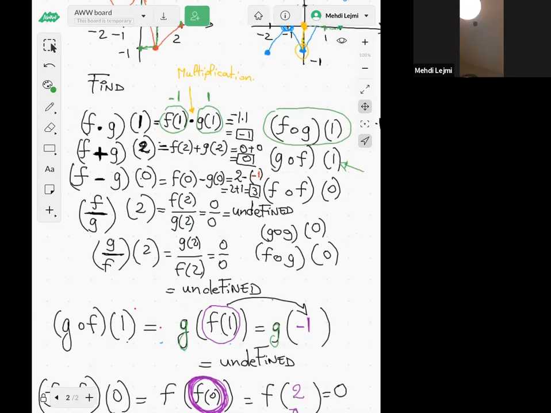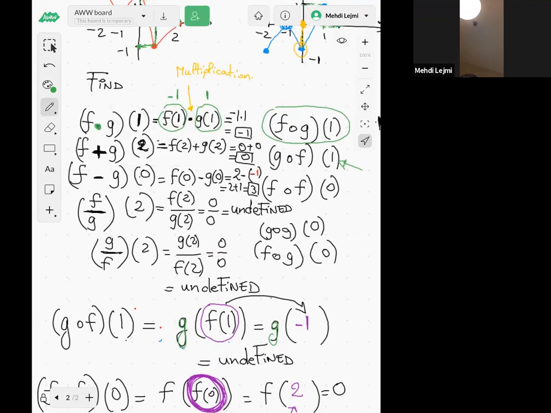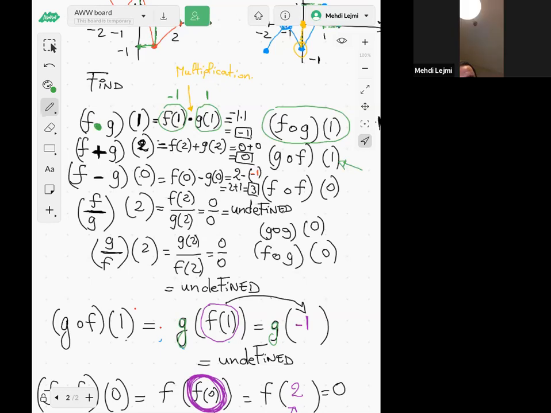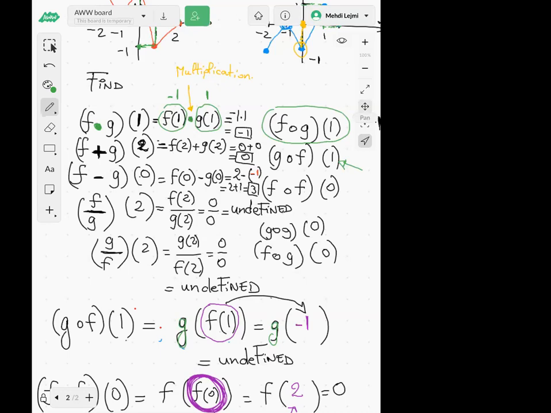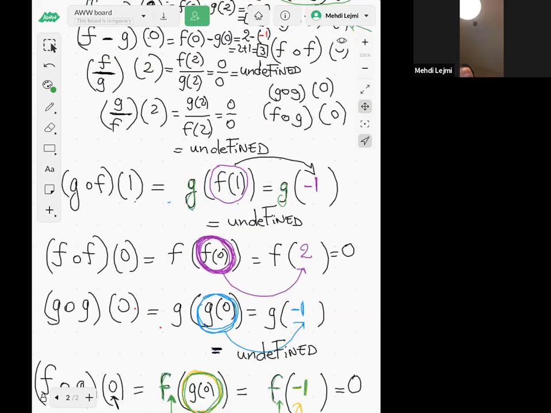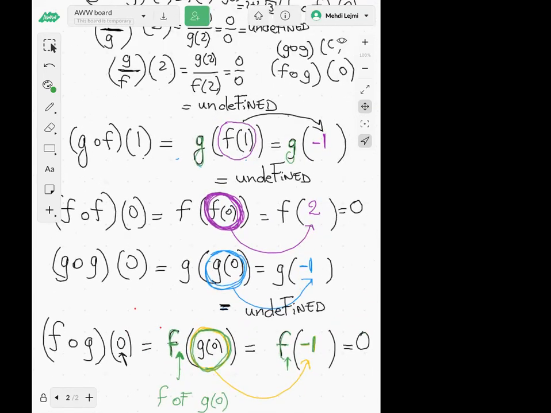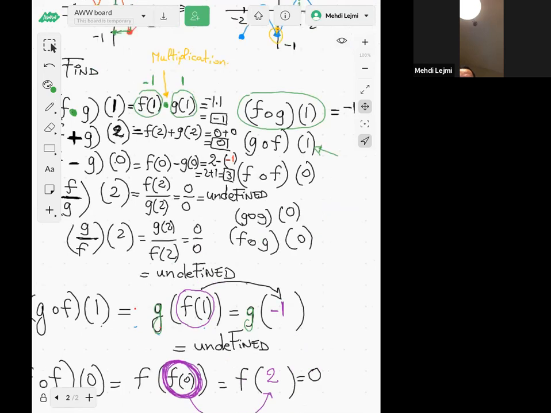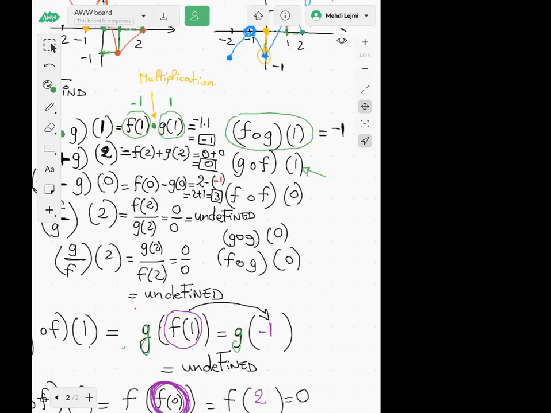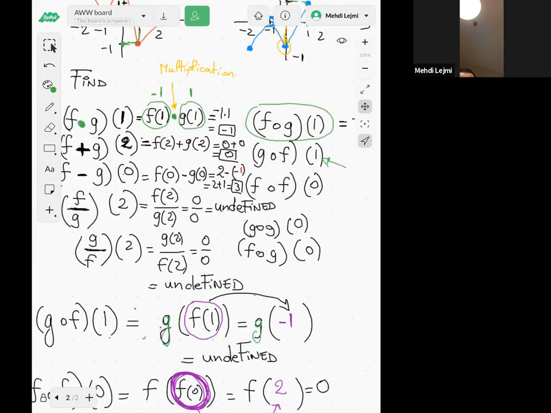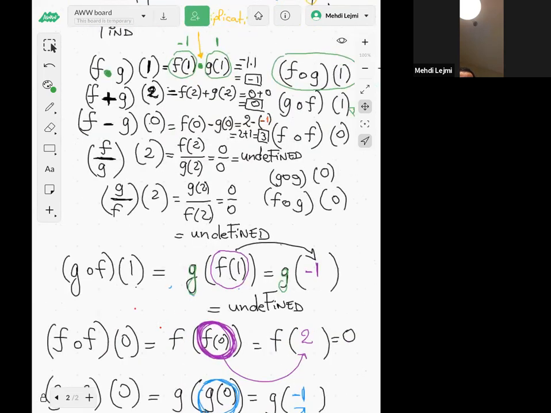This one is the f composition g one, the first one about composition. I think I did it right. I explained the answer for this, and it's the same thing.